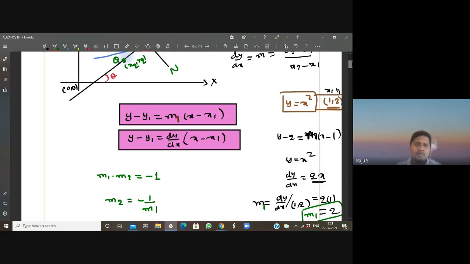For example, if the slope of the tangent is -1 by 10, what is the slope of the normal? Take the reciprocal and change the sign: -1 by 10 becomes 10. You can simply take plus 10.